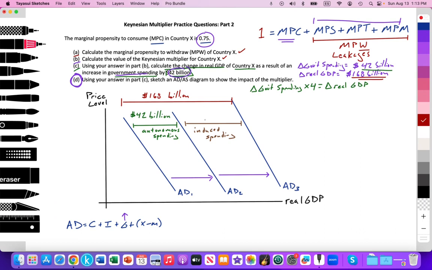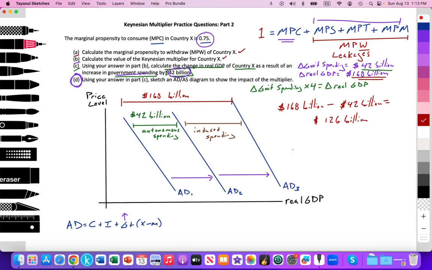I'm missing the value here. What is the value of the induced spending? I'm just going to take 168 billion minus the 42 billion, and that's going to be equal to the induced spending, which is 126 billion.